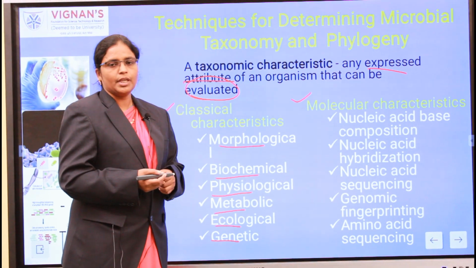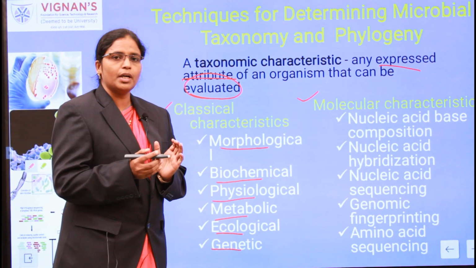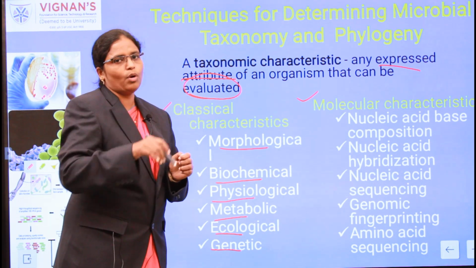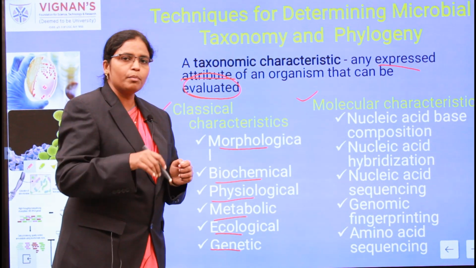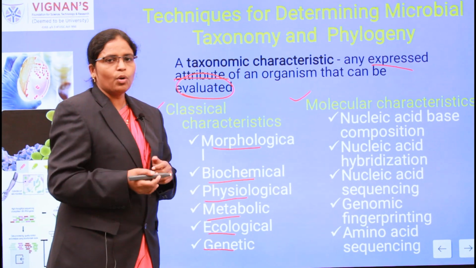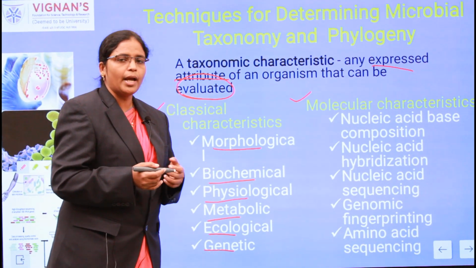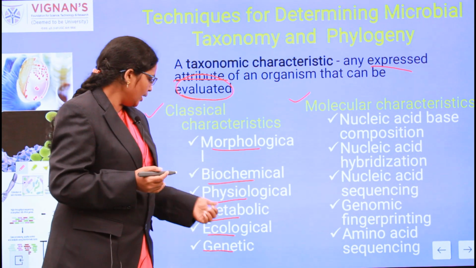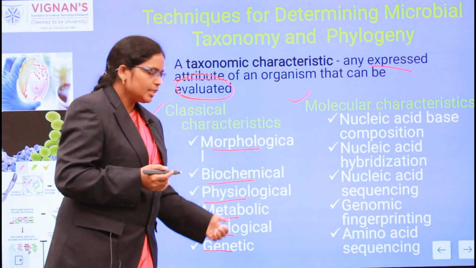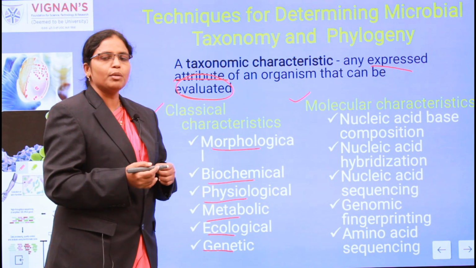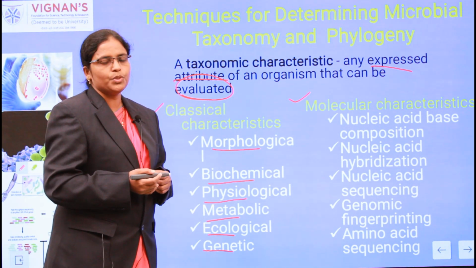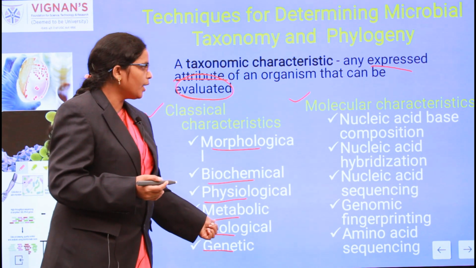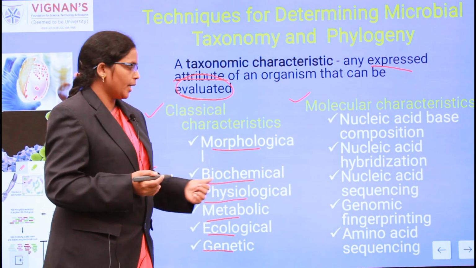Ecological features, nothing but the microorganism and its surrounding environment. Its surrounding environment means neighboring microorganisms. It may be a plant, animals or human beings. So that is the ecological features. And genetic. What is the genetic material? What is the genome? Genome size of the organism, that we will use for identifying the organism.